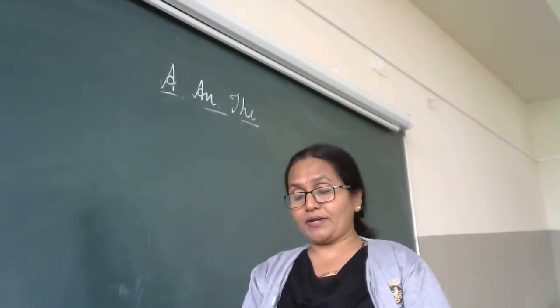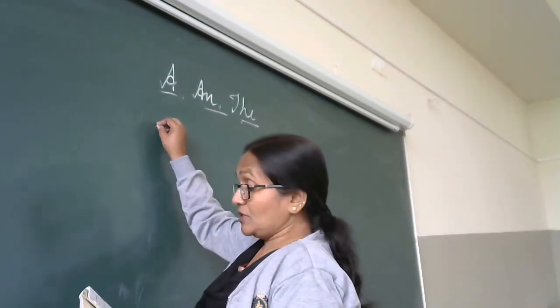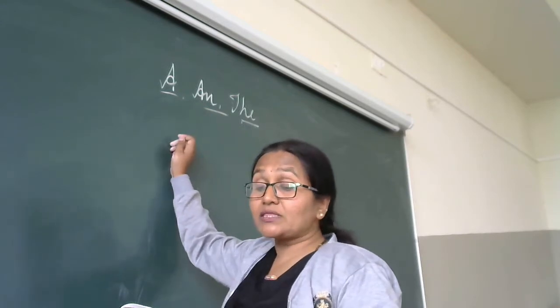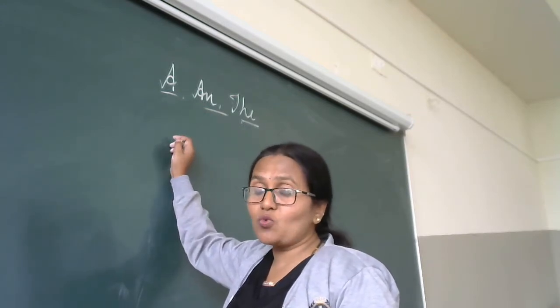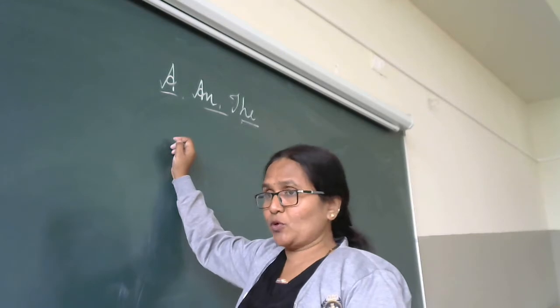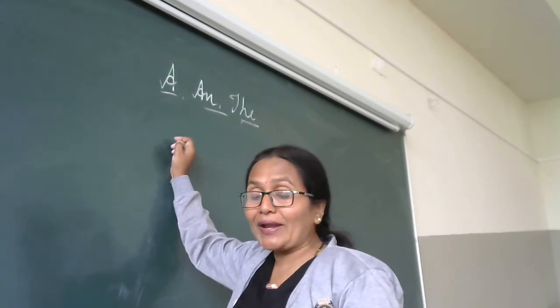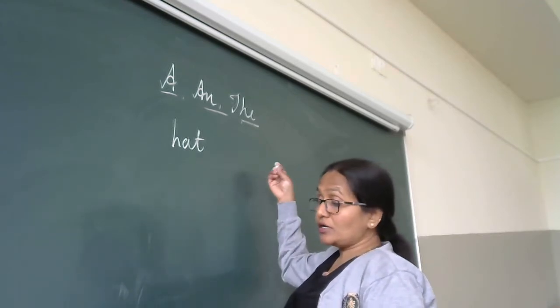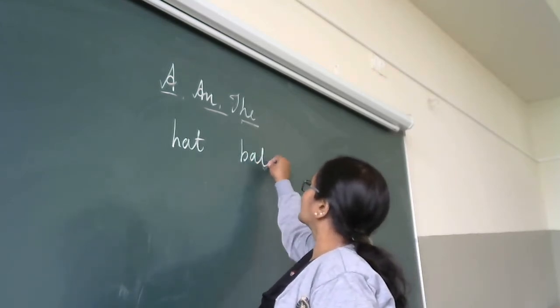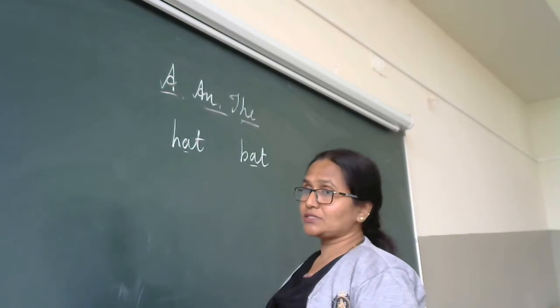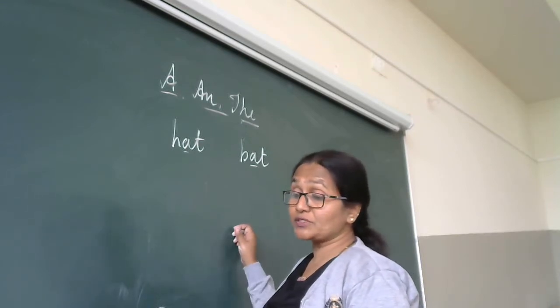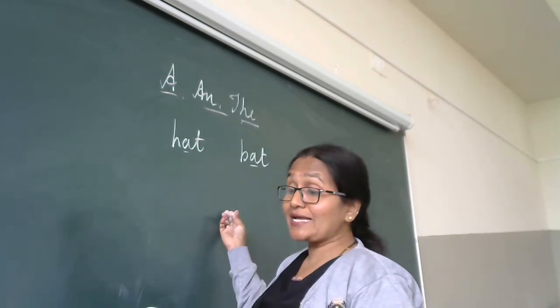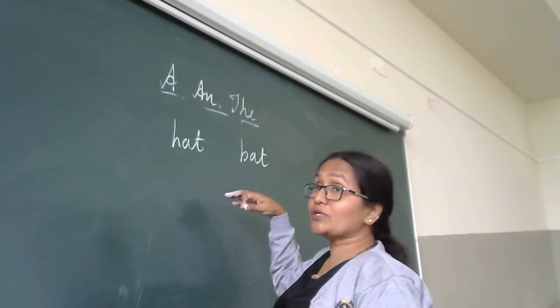Make a new word by changing the consonant sound, as we said. The pictures are given to you, on page number 20. Hat, new word bat. Change the consonant to get a new word.